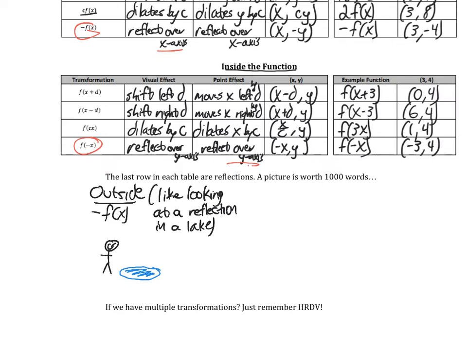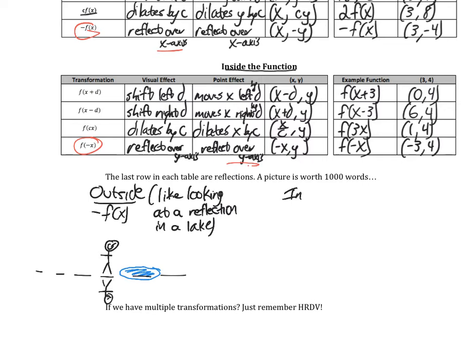Your reflection is going to be up and down if you're looking at your reflection in the lake. So think of that as kind of like your x-axis, right? If you're outside, you're looking in a lake, your reflection is going to reflect over that lake. Think of that lake as kind of like the x-axis.